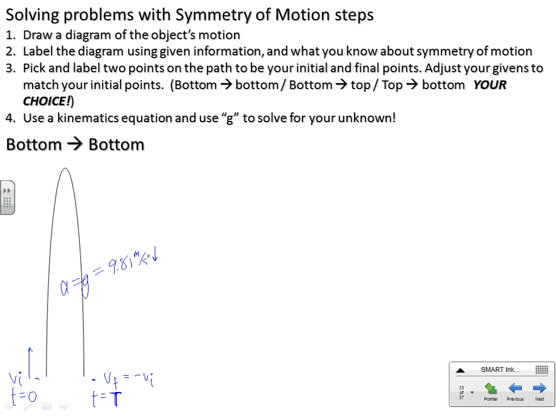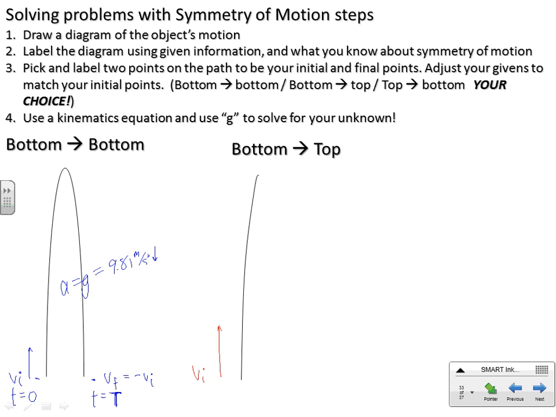All right. Now, there might be some questions where it's in our interest to only look at half the flight, right? Maybe I want to say, okay, it's thrown upward with a speed V initial. But for whatever reason, I don't care what happens after it gets to the top.